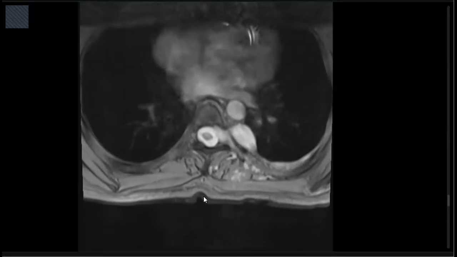How do you diagnose NF1? It could be NF1. What are the diagnostic criteria of NF1? Cutaneous neurofibromas, plexiform neurofibromas.